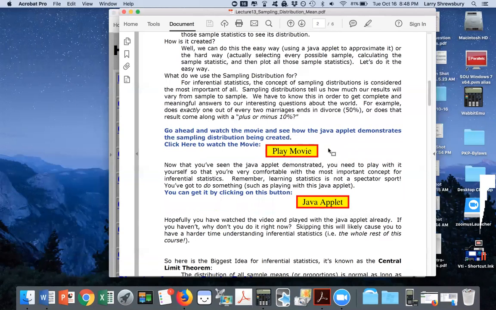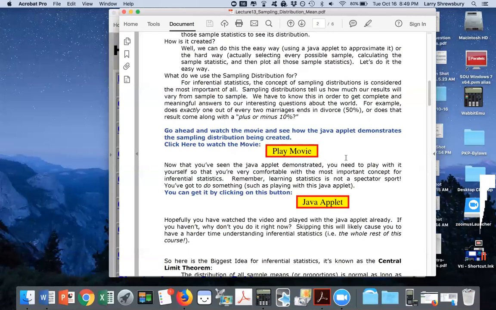But first, watch the movie and it'll help you visualize this theoretical concept of how the shape, center, and spread that all the possible sample means will take on if you keep repeatedly sampling over and over again many times. A pattern develops, and it is the foundation for all of the statistical methods we use for quantitative data. So it's important you understand it well and you're not confusing it with a population distribution.